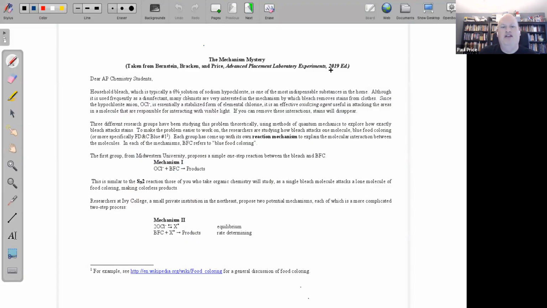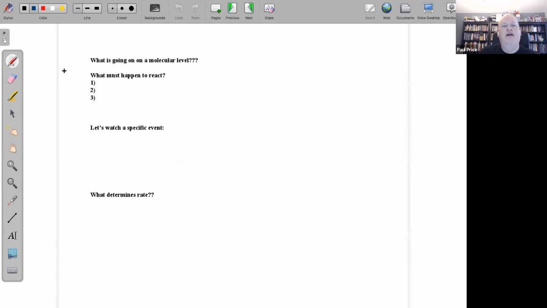I'm going to move a couple pages down the line, okay? On a molecular level, if we're talking about the reaction of blue food coloring plus bleach to make stuff, which I'm just going to call products, when we watch a chemical reaction, what has to happen for two things to react? So we've got the one with the higher bleach concentration.